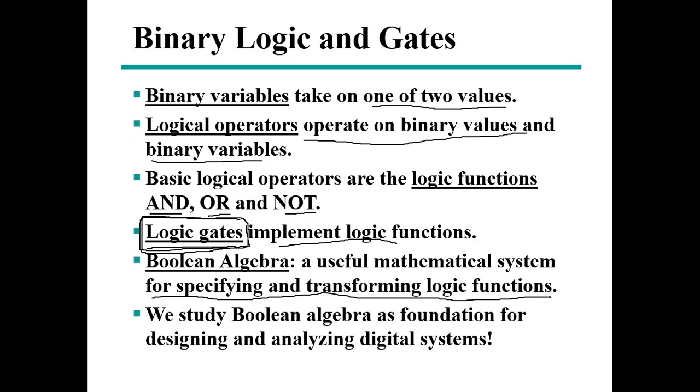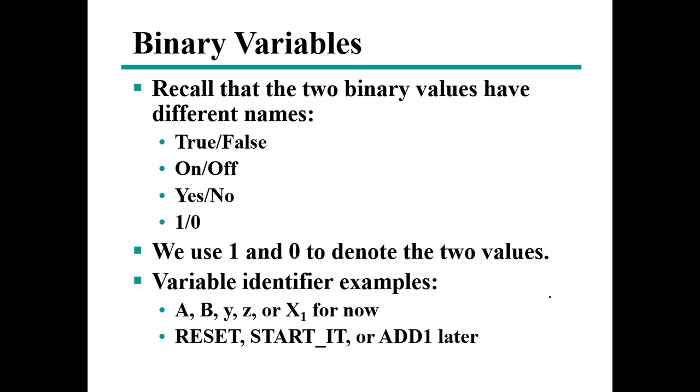Boolean algebra is an algebra for transforming logic functions of binary variables with these operators. It is foundational to the design and analysis of digital systems. So we need to understand it thoroughly, and we need to be able to apply it in order to analyze and design digital systems.